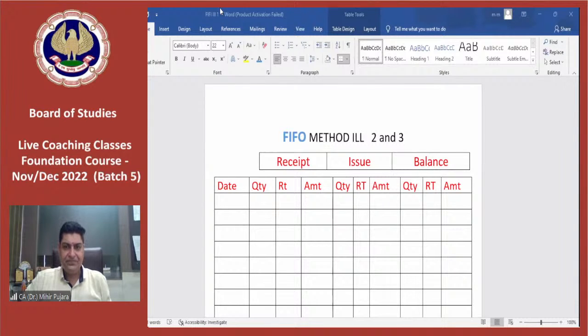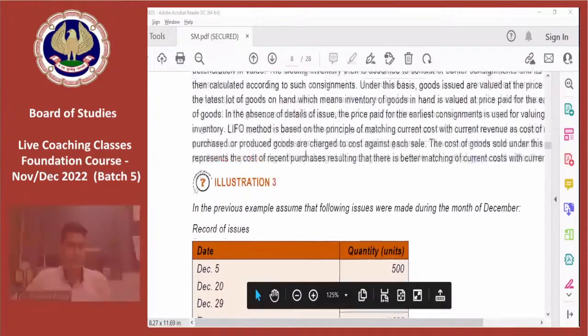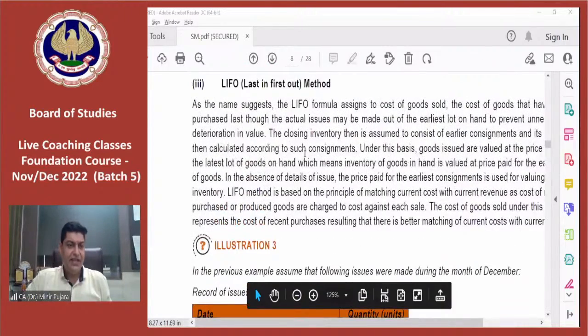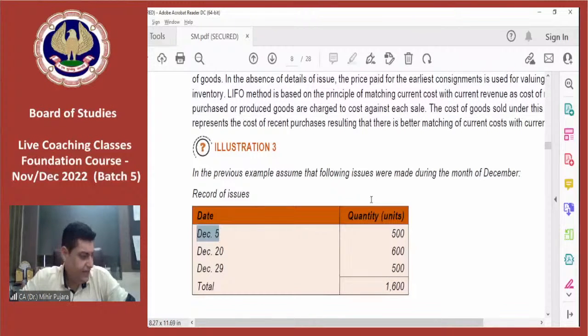So now, friends, the question, and we will start step by step in this ledger. First you have to compare the dates. The first issue is on December 5, right?